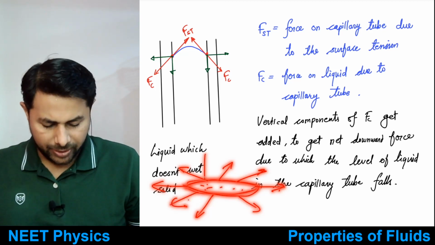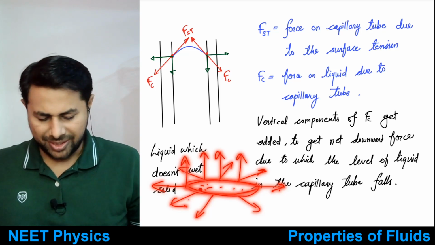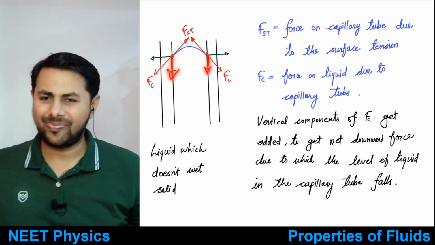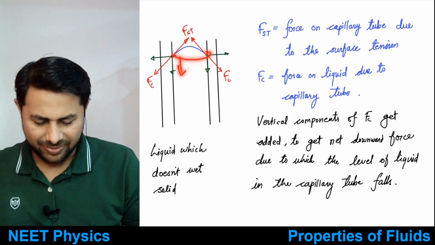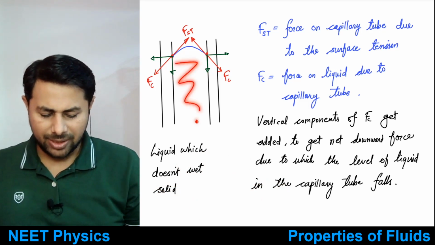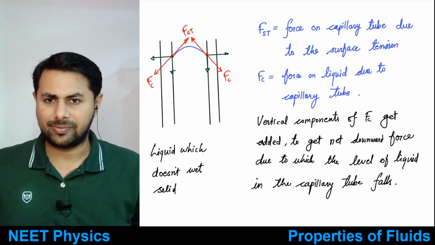But the vertical components are, in this case, vertically downwards only. So they all get added up, and that's why the net force would be in the downward direction. So the level of the liquid will fall down if it forms a convex meniscus.